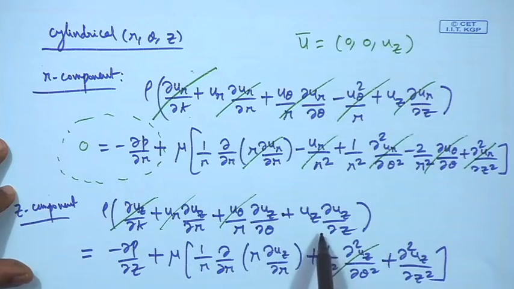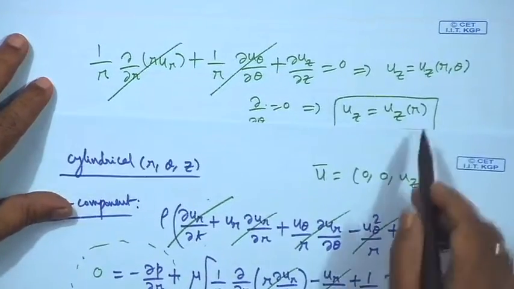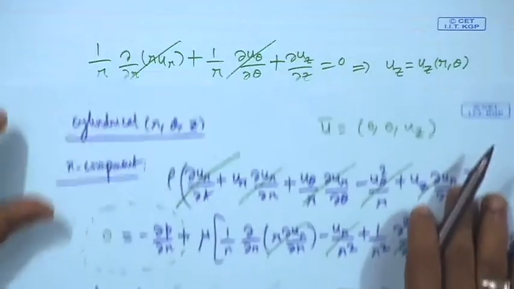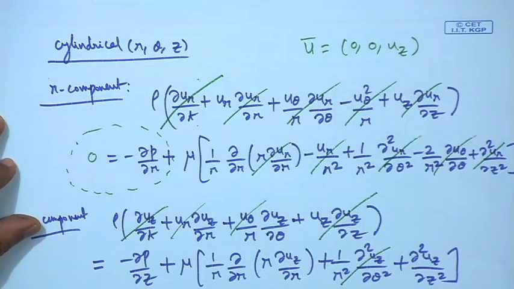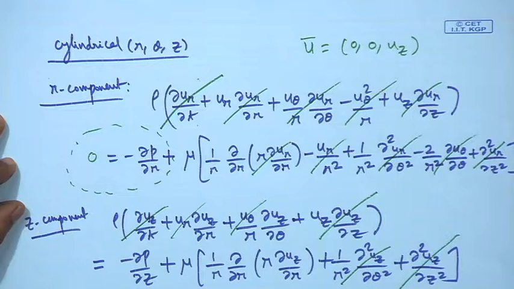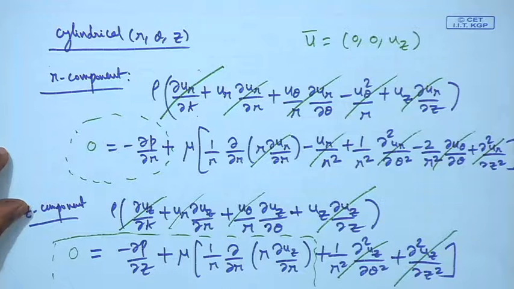Now, you see the nonlinear term, we have u z as a function of r only, therefore this term also goes off, then this term also goes off. So, this simplified linear equation we are getting.